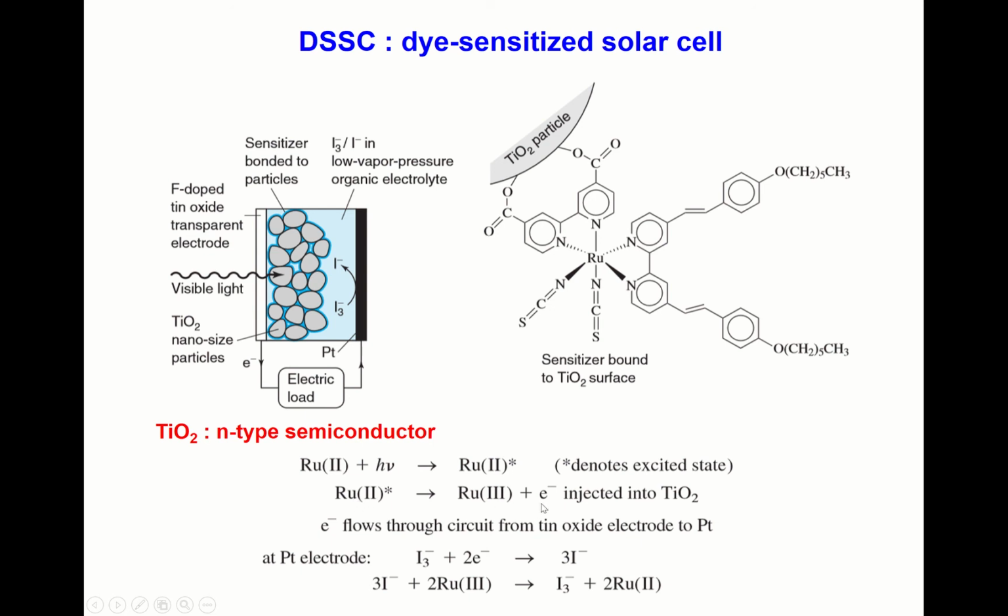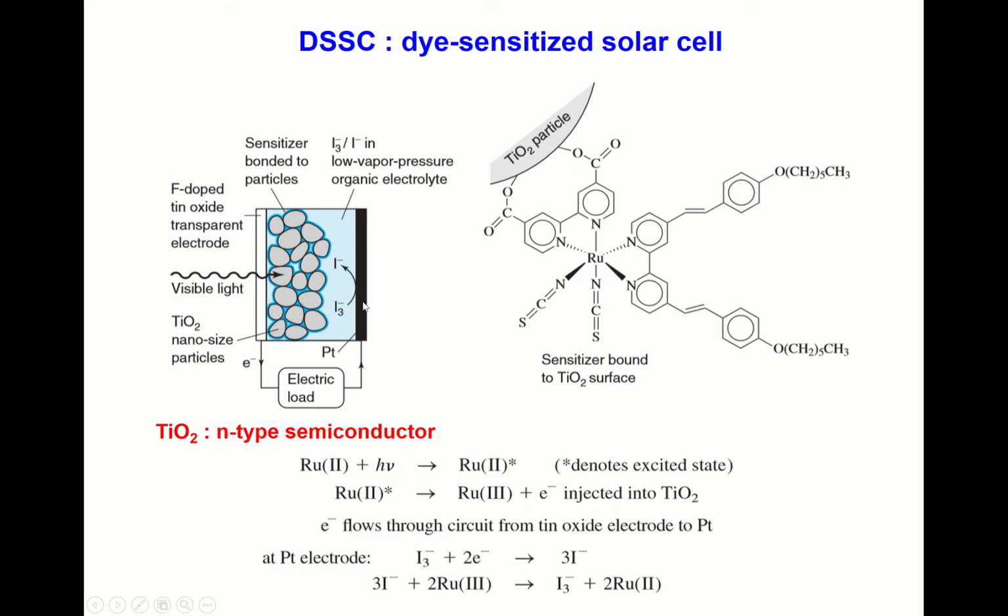It delivers the electrons. Okay, as a result, this ruthenium goes from divalent to trivalent. All right, and then electrons are generated, and electrons are injected to this titania nanoparticle, and then eventually to this FTO. Now electrons flow through the circuit from the tin oxide electrode to platinum.